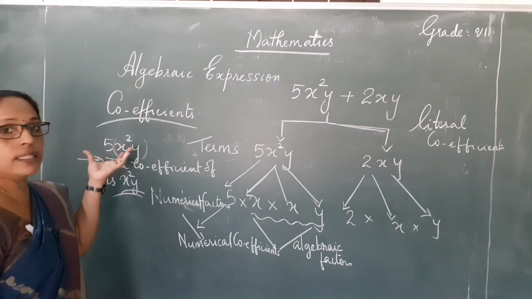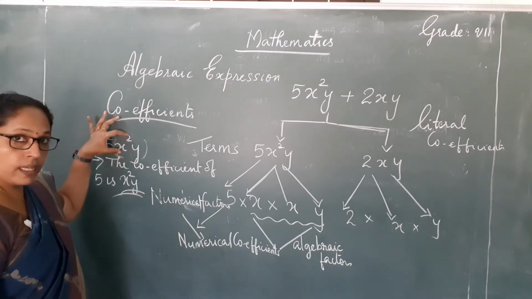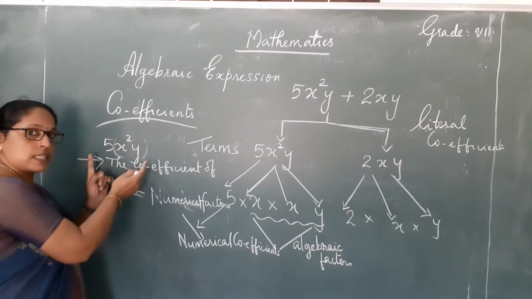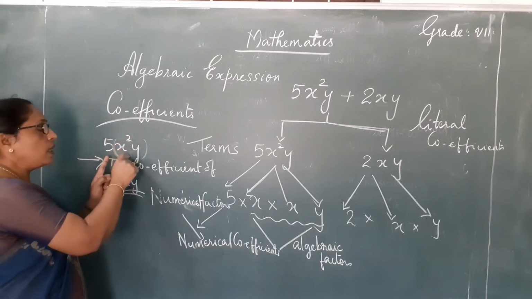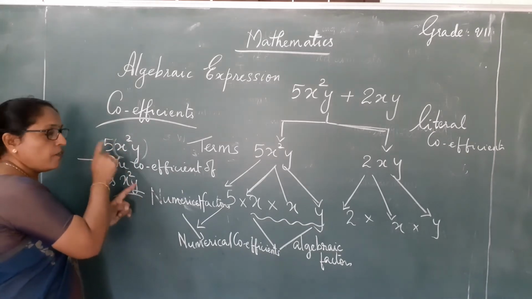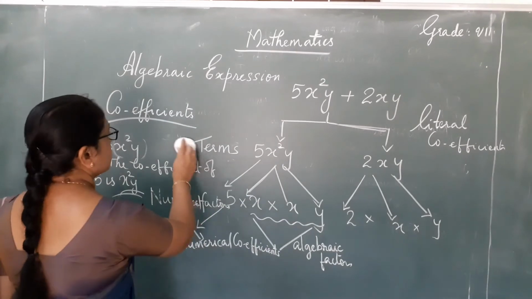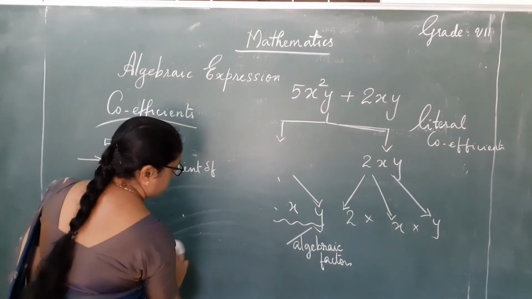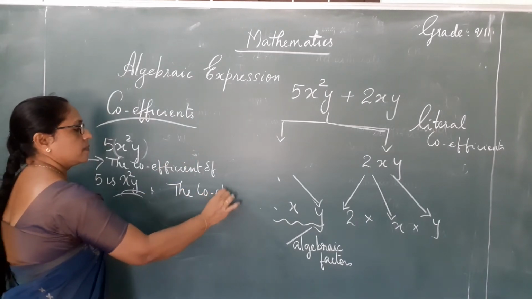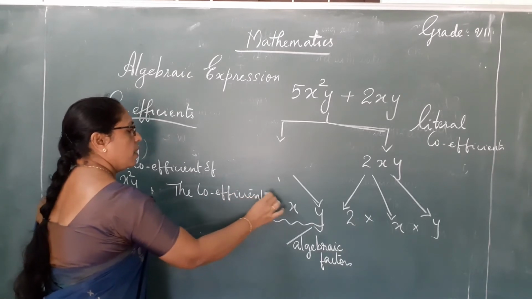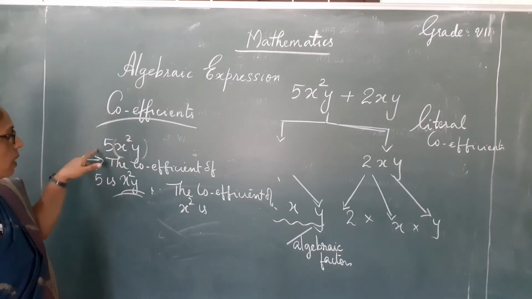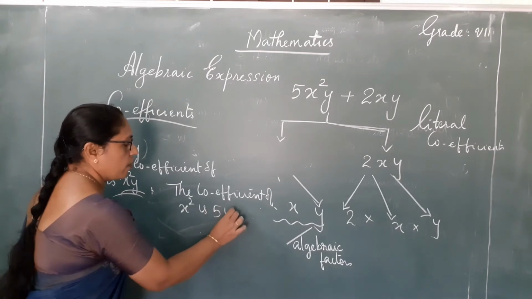You have to look at that term, see x square, and ask what the other factors along with x square are. They are 5 and y. So the coefficient of x square is 5y.